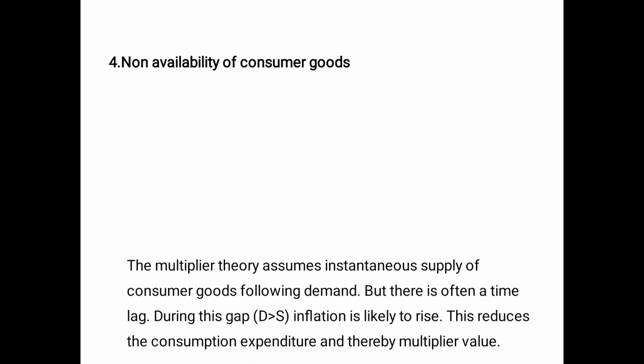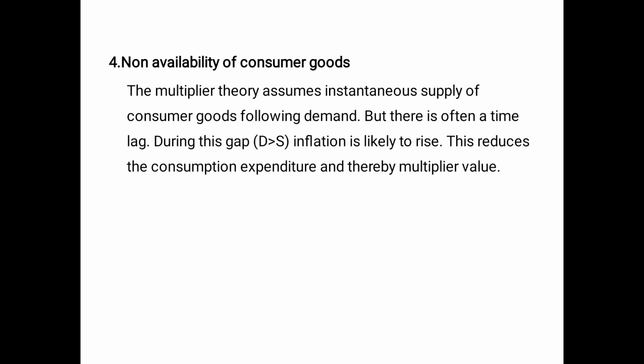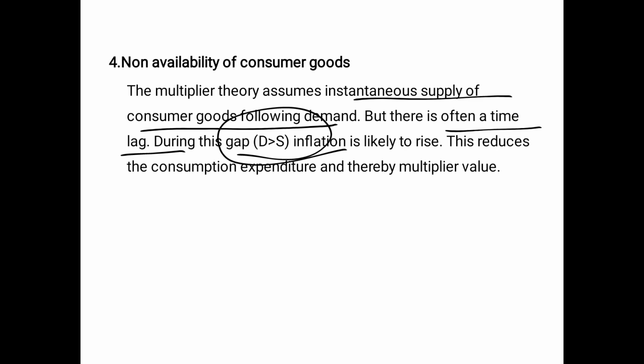And the next one is non-availability of consumer goods. The multiplier assumes that the indigenous supply of consumer goods follows demand, but there is often a time lag. There is a gap between the demand and the supply.